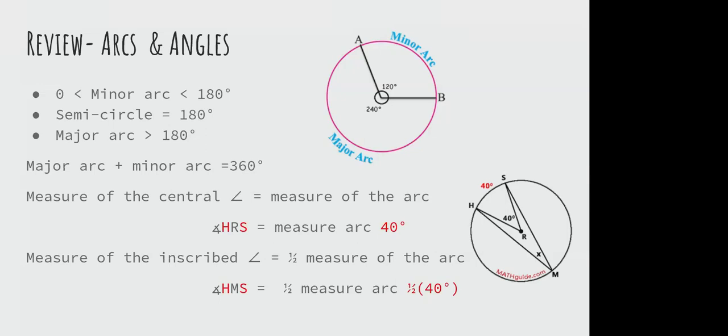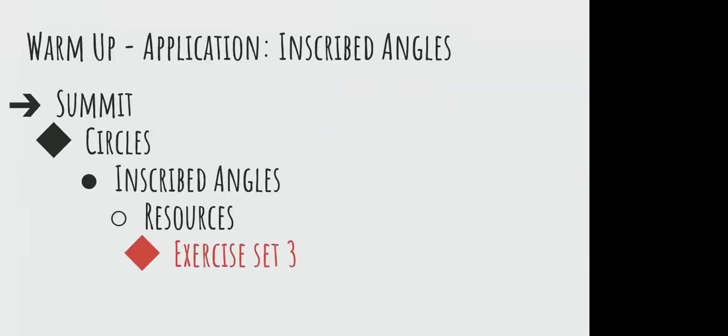We are now going to use that information. Like I said, the warm-up is on Summit. You will open a new tab and go to Summit. Under Summit, it's algebra 2, it's geometry, and then circles, inscribed angles.